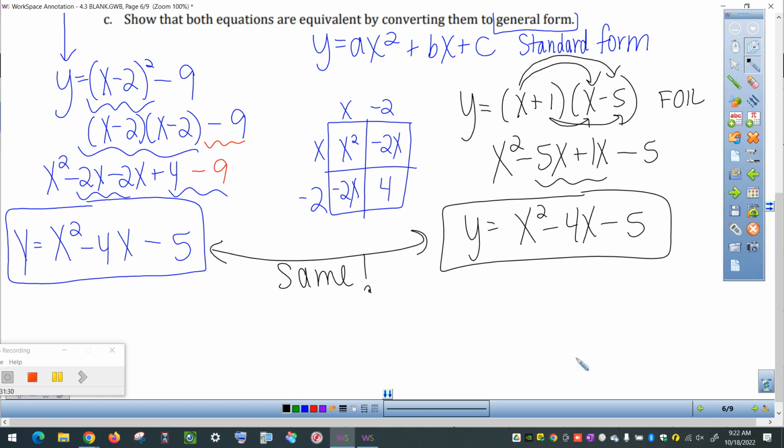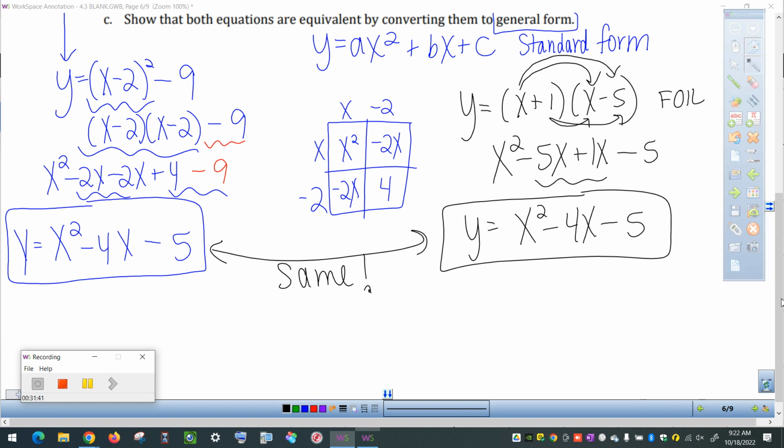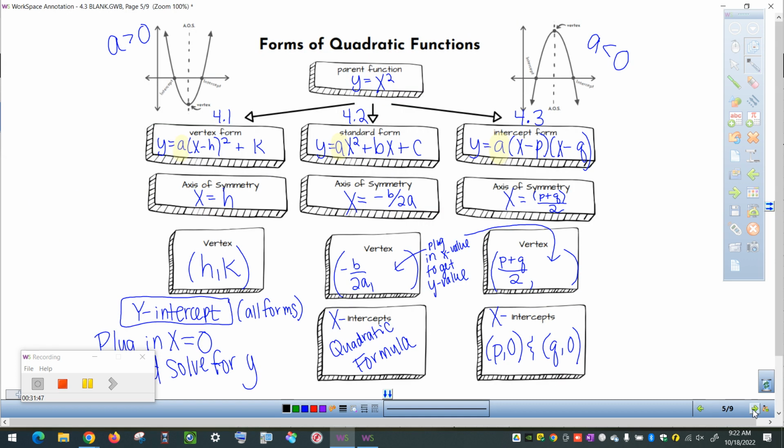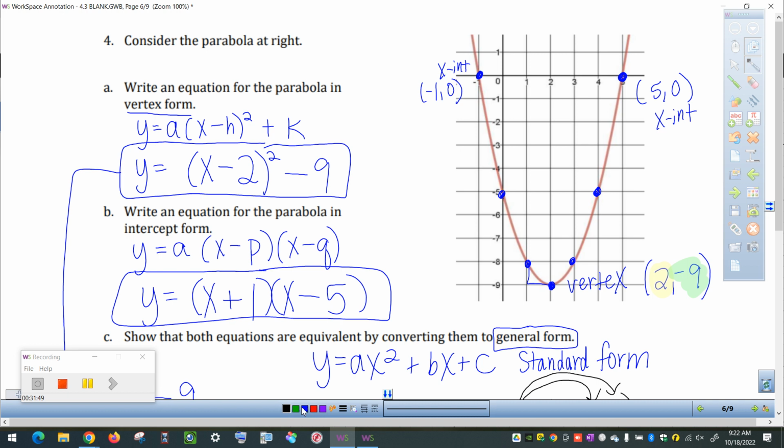All right, the only other piece that I want to mention here is about the y-intercept. You're going to see a few questions on the assignment tonight asking you to find the y-intercept of your equation. No matter what form it's in, we're just going to plug in 0 for x. And so, for example, if we were looking at something in vertex form, like what we have here at the top, and if the question asked you to find the y-intercept, you would plug in 0 for x right here.